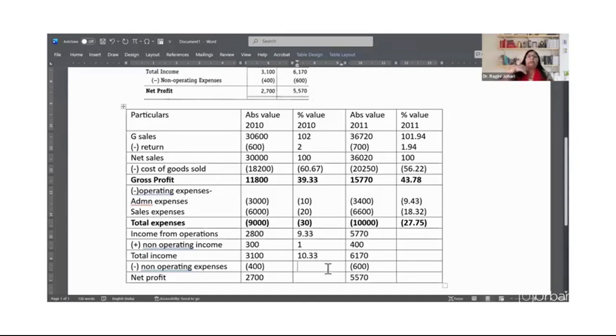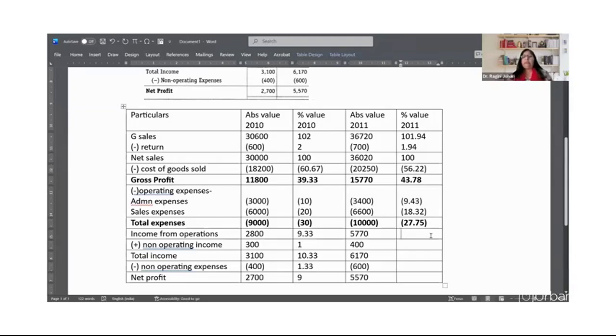Minus non-operating expenses, which is 400, 1.33%, and finally we arrive at the net profit, which is 2,700 divided by 30,000, which is 9%.